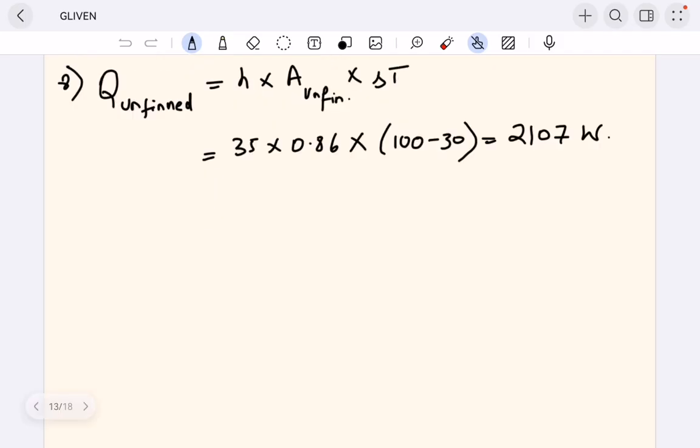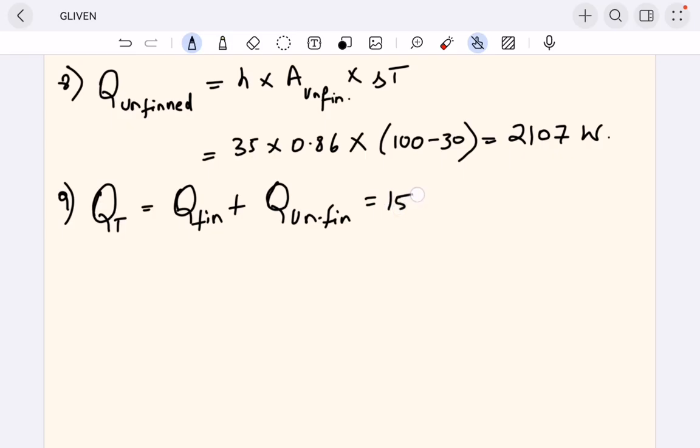Now step 8, how much heat is getting dissipated? We need to add both the fin heat plus the heat from the unfinned area. So that is 15,300 plus 2107. So the total is 17,407 watts. Right? That's the total amount of heat that is getting dissipated.